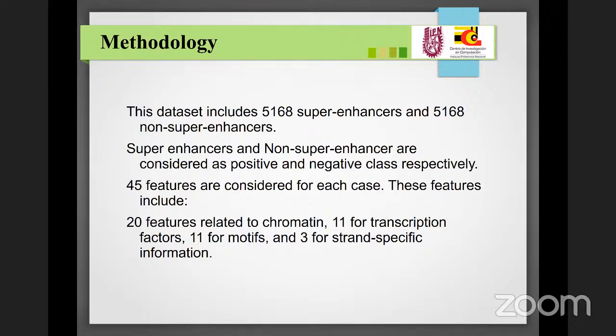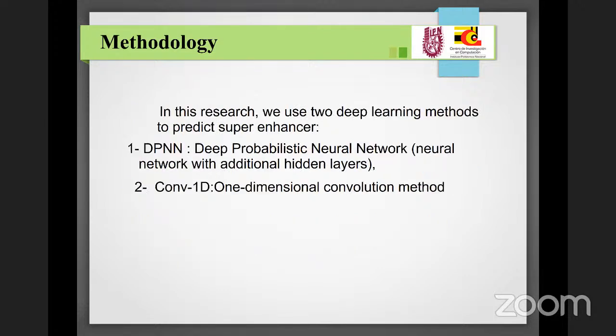We consider super enhancers the positive class and non-super enhancers the negative class. 45 features are considered for each case. These features include 20 features related to chromatin, 11 for transcription, 11 for motif, and 3 for tissue specific information.